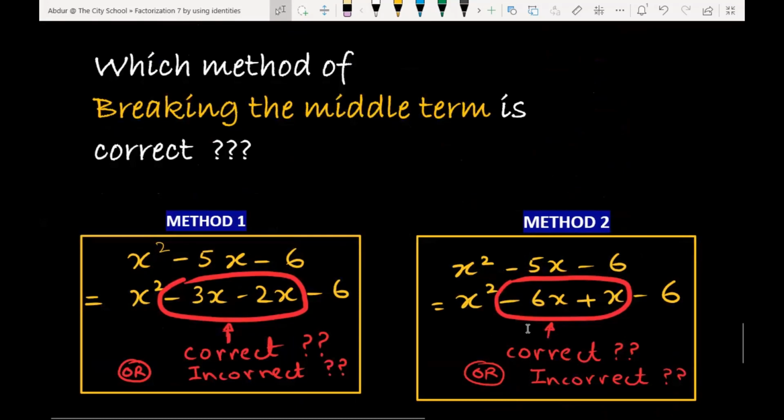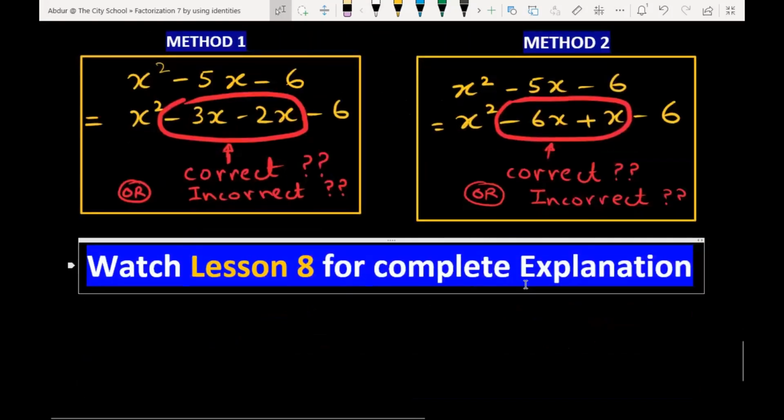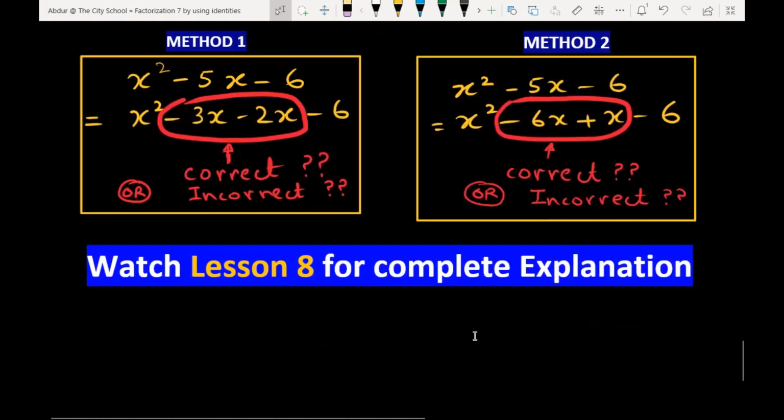One is correct and one is incorrect. So I have broken the middle term as minus 3x minus 2x, and in this method number 2, I have broken the middle term as minus 6x plus x. Which method is correct and which one is incorrect? So for this, you watch lesson number 8 for complete explanation.